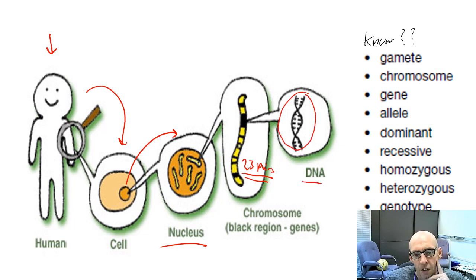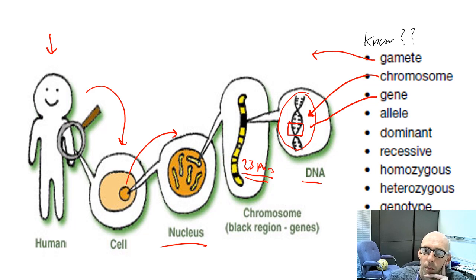So some of these words on the right hand side we've already covered. We've already covered what a chromosome is: a long length of DNA made up of thousands of genes. And we covered what a gene was: a small section of DNA coding for one instruction. And we've also covered what a gamete was, about three slides ago. Gametes are known as sex cells.